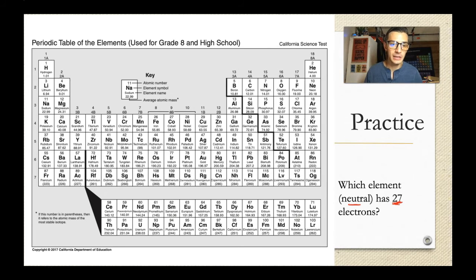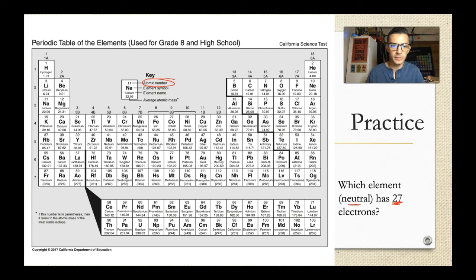So actually, the atomic number stands for both the number of protons and the number of electrons, considering that most of the time we're dealing with neutral atoms. If we're not dealing with that, we can't always say that that's going to be true, but we will still learn something about how many electrons we should expect to have if we know how many protons we should have. Even if it's charged, it will still give us some information.